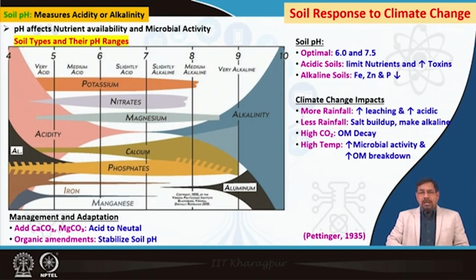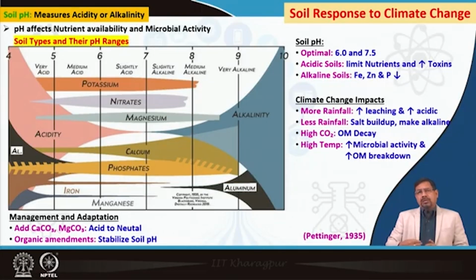content of iron, zinc, and phosphorus in higher proportions. And the linkage or the impact of climate change: if we have more and more rainfall, there will be more leaching, and the acidity will increase because the alkalinity will decrease because of the leaching of the upper soil. Then coming to less rainfall, salt buildup makes the soil alkaline, and with higher CO2 concentration, the organic matter will decay at a higher rate, and higher temperature leads to higher microbial activity and organic material breakdown.